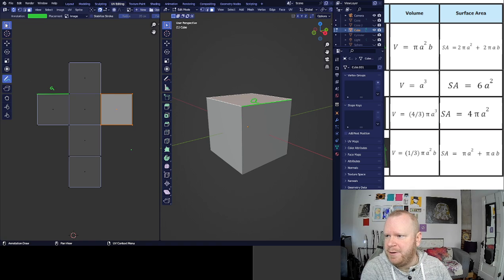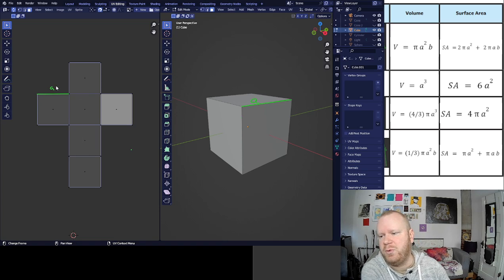The surface area for this is going to be, well, we've got 1, 2, 3, 4, 5, 6 of these squares here, and each of them has a dimension of A times A. So A squared plus A squared, A squared, A squared, A squared, 6 times that.